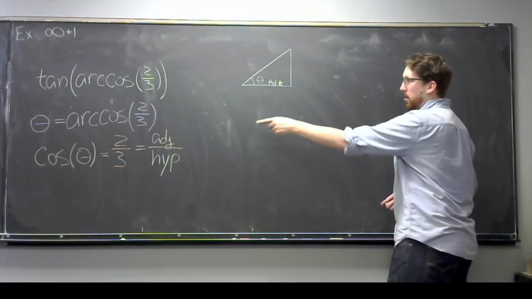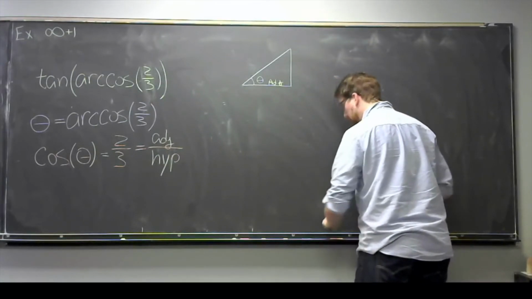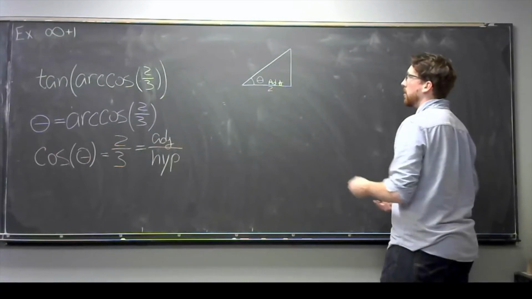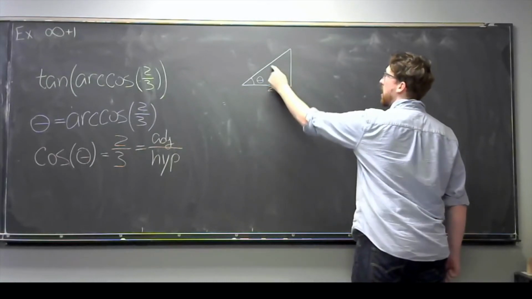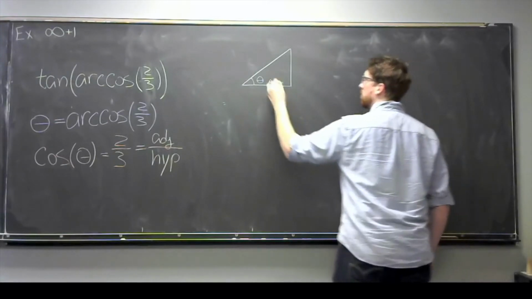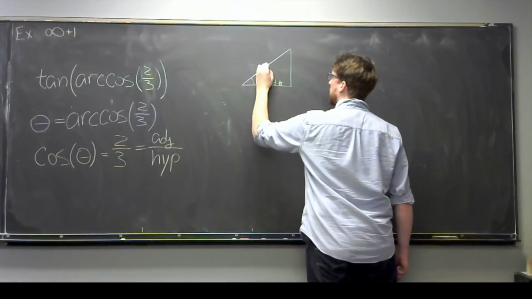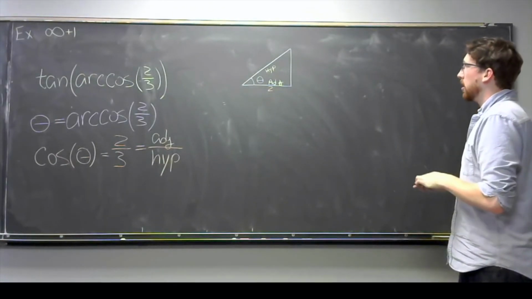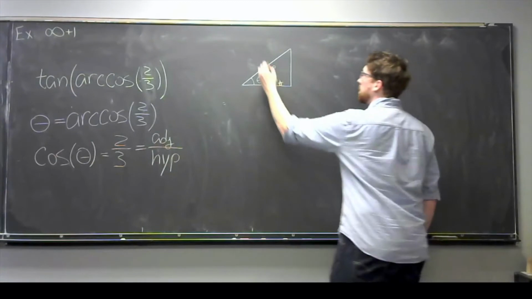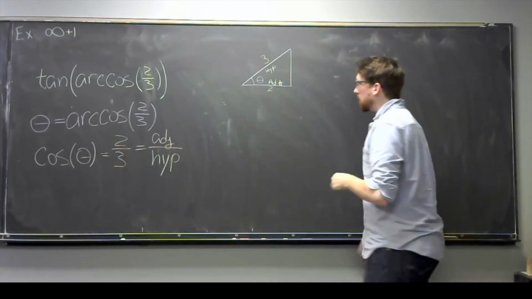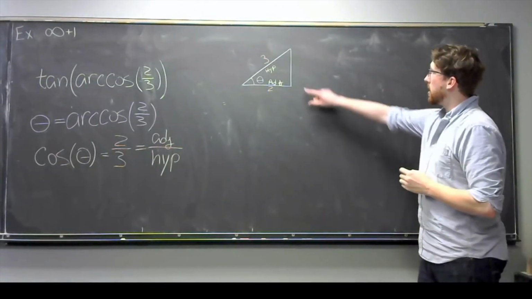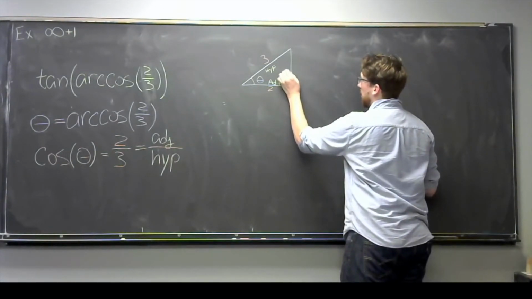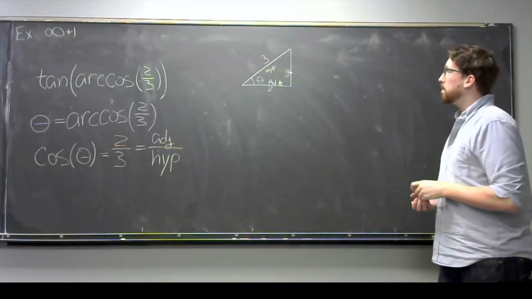So it has a length of 2. The hypotenuse is the side opposite of our right angle, so it's over here. It has a length of 3. And I have no idea what the length of our opposite edge is. But I know how to find it.